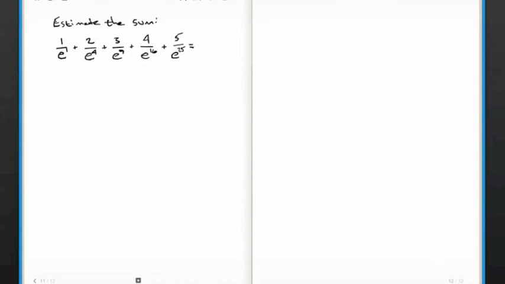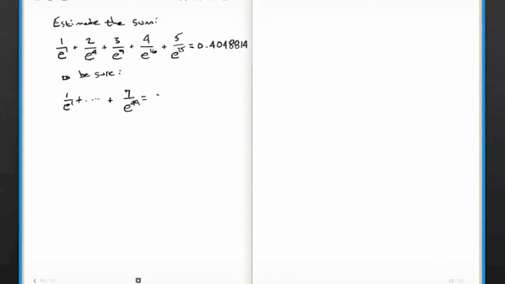And you discover that that equals 0.4048814. Well, what if you try that again, just to be sure, and you say it's 1 over e to the first plus dot dot dot plus 7, so we're going to the 7th term, over e to the 49th, and what is that going to equal?